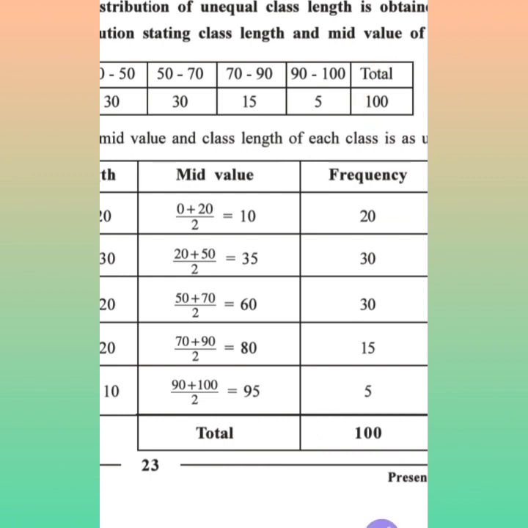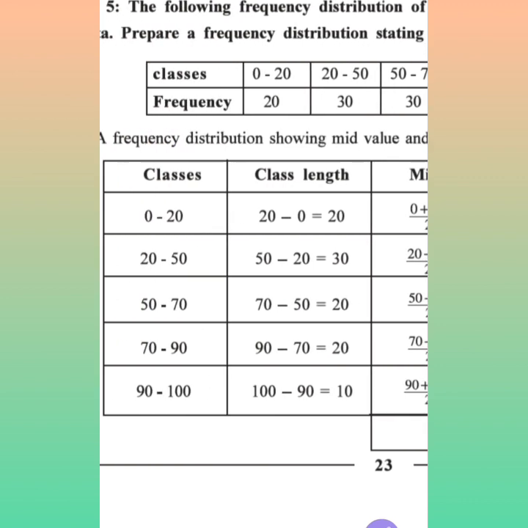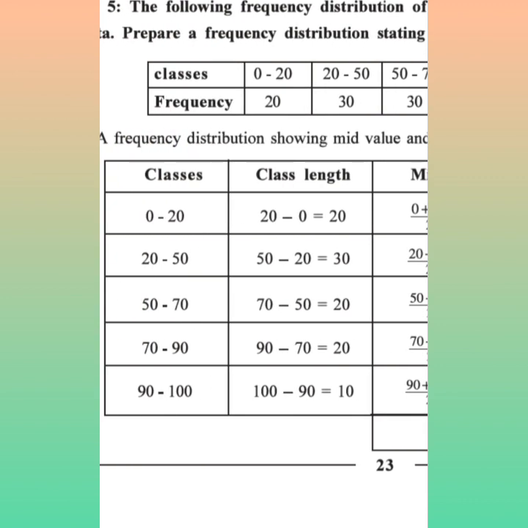Then how are you going to find the class length? The next column is the class length. Children, always remember that the class length is always denoted by capital C, and the formula to find the class length is always the upper limit of the given class minus the lower limit of the given class.